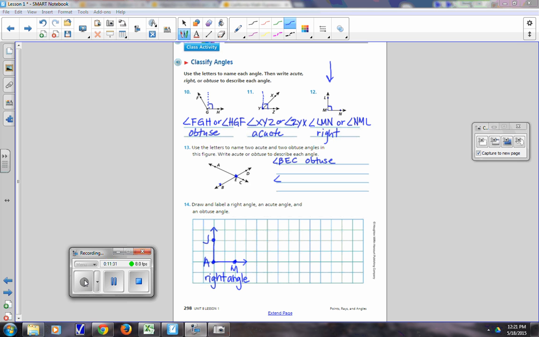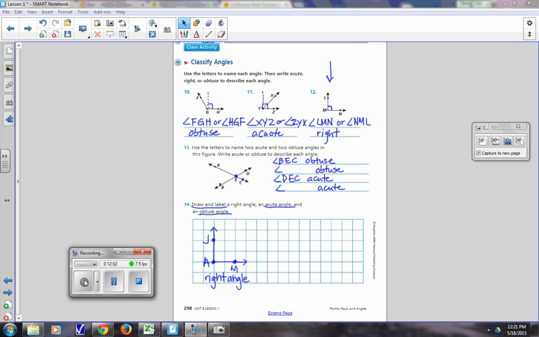An acute one would be DEC. DEC is acute. So you need to come up with another obtuse out of this figure and another acute in this figure. And then down here for 14, you need to draw and label an acute angle and an obtuse angle. When it says draw and label, you need to tell me the vertex and the two endpoints of your rays.